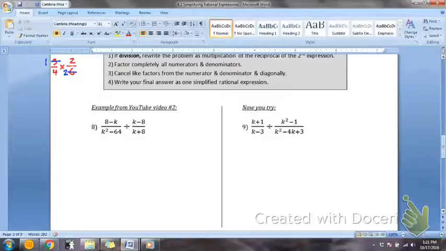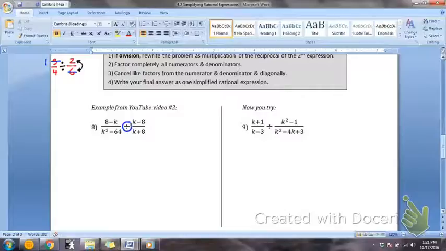Okay? What would have happened if this was a division problem? Do you guys remember what you do if it's a division problem? Flip it and do the same. Thank you, Kyle. You're going to flip it to be a multiplication problem, and then you flip the second fraction. That's how you do a division problem. So on number 8, we see that it's a division problem.